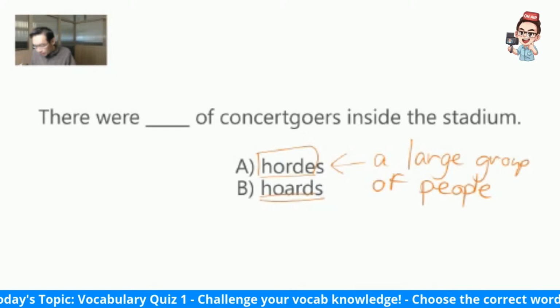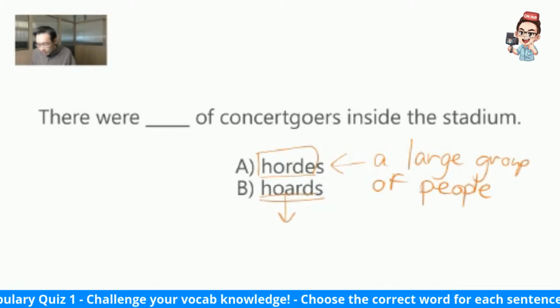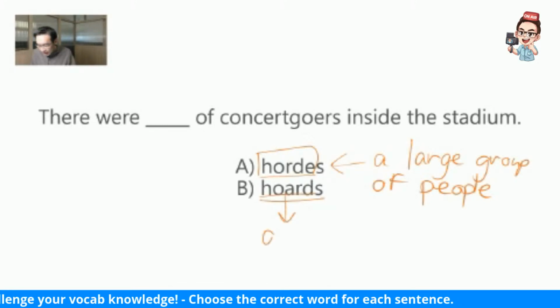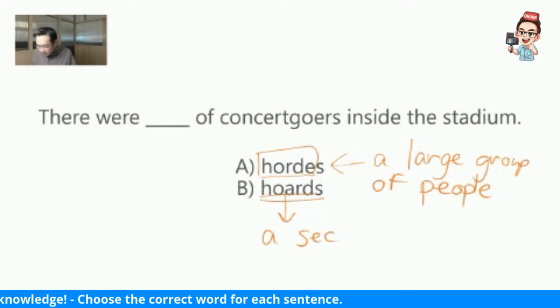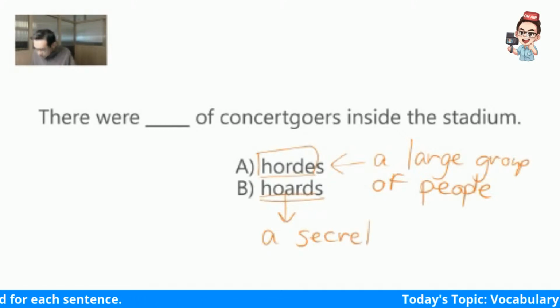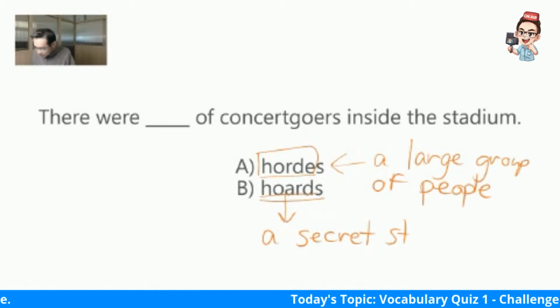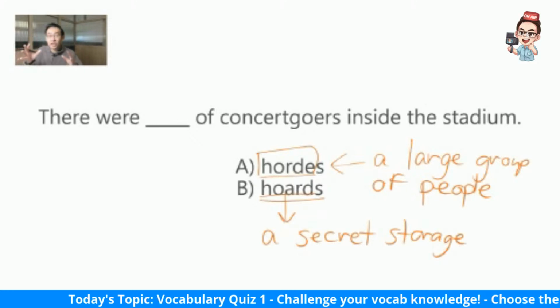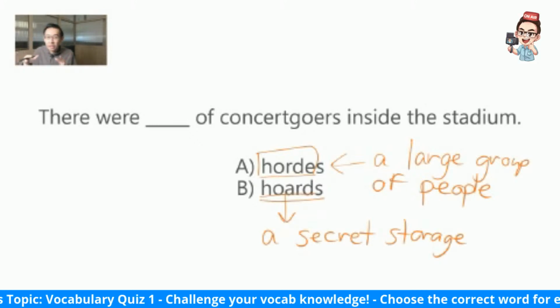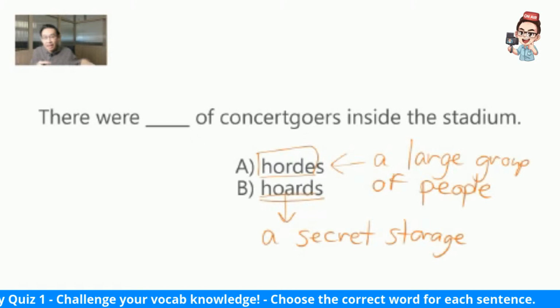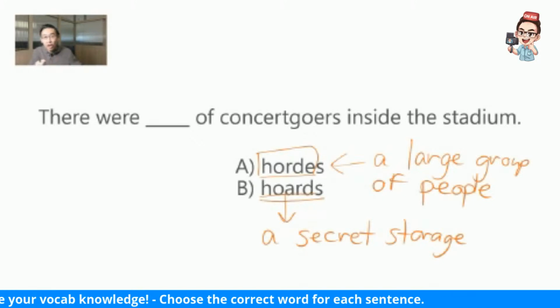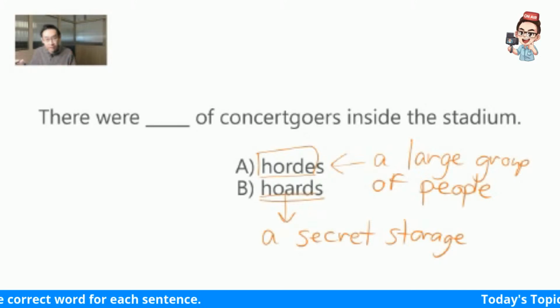Okay, so hoard in B is like a secret storage. Like when you keep or you store something inside a place, maybe in a secret room and you lock it, or maybe in the basement under your house, that's a hoard, the B hoard.